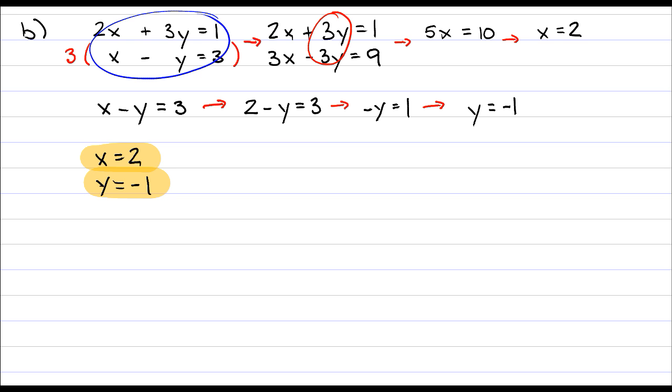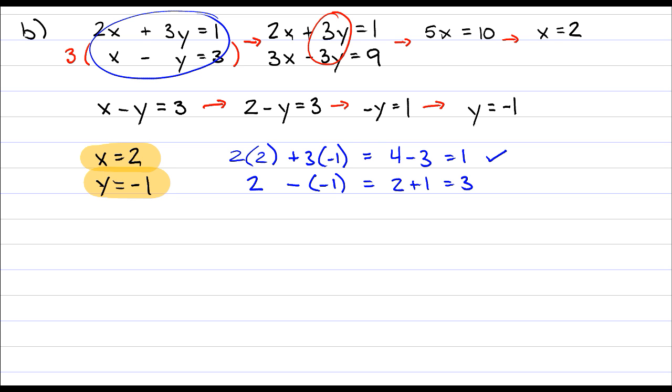Plugging into the first equation, we have 2x, so that's 2 times 2, plus 3y, so that's plus 3 times minus 1. That gives me 4 minus 3, which is 1. That checks out. Let's double check the second equation. I get x, which is 2, minus y, which is negative 1. 2 plus 1 gives me 3. That also checks out. So it looks like we do, in fact, have the correct answer.